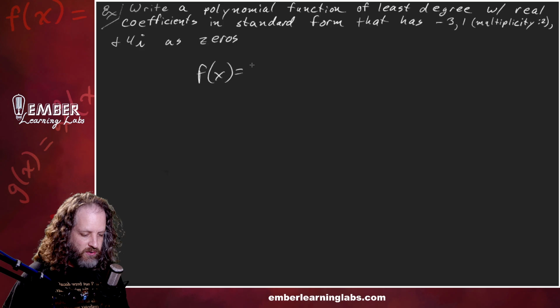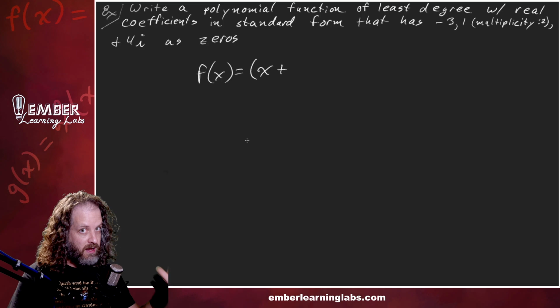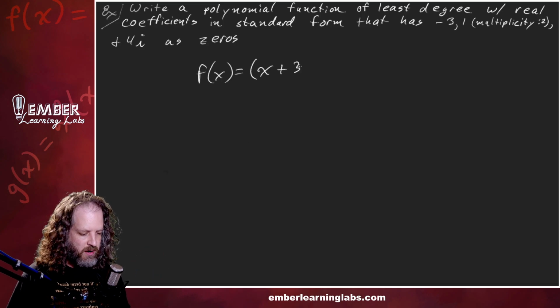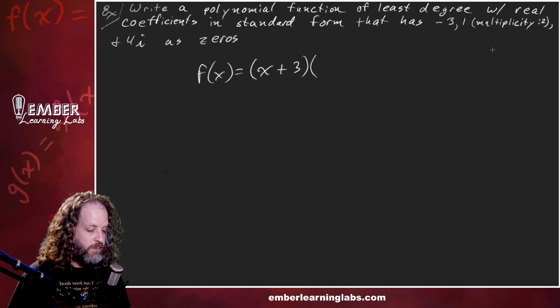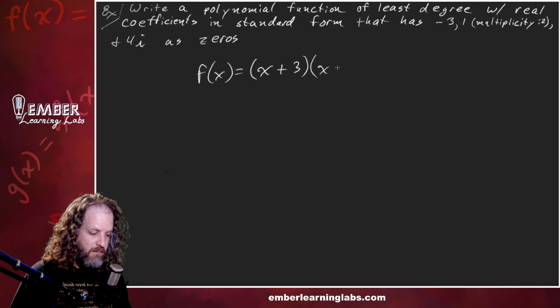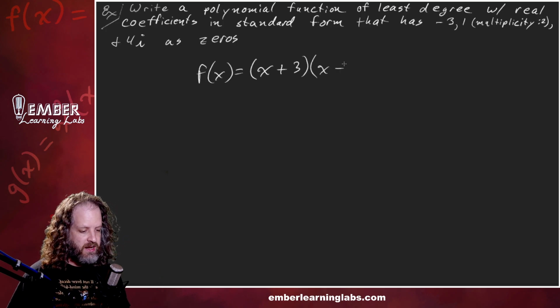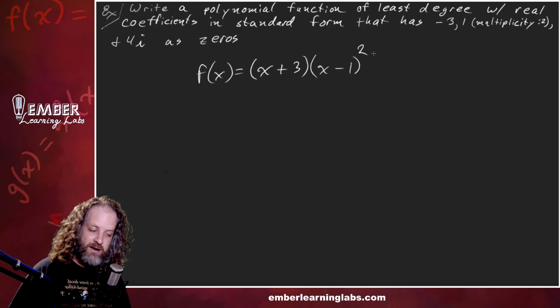It's going to be x plus 3. The sign's going to flip because it's a zero, same as what we've been doing. Now this next one is a 1 with a multiplicity of 2, so that would be x minus 1, flip that sign, multiplicity of 2, so squared.